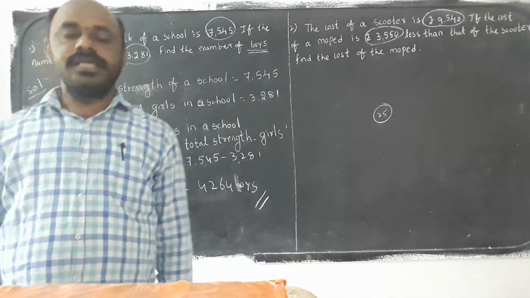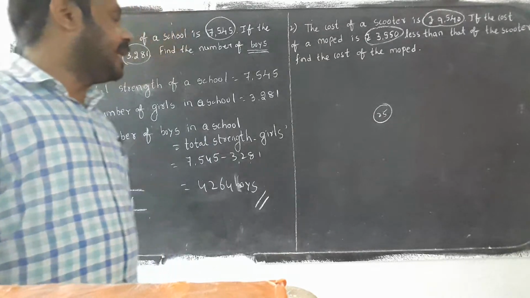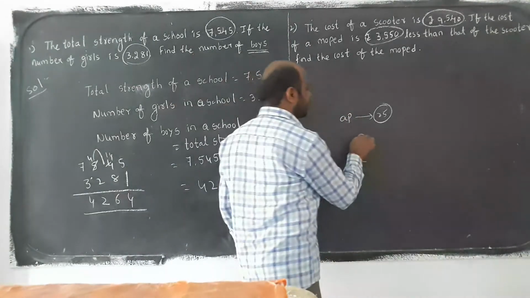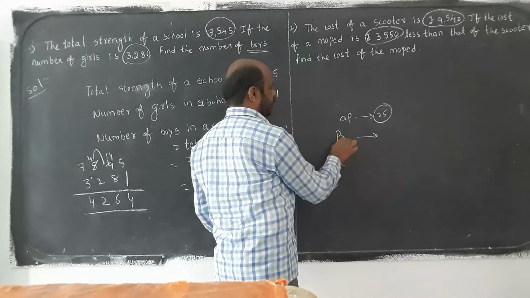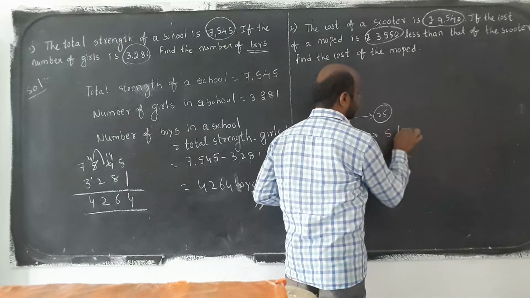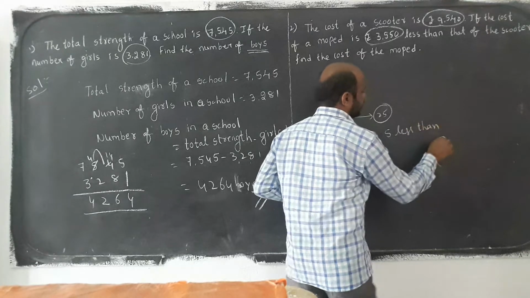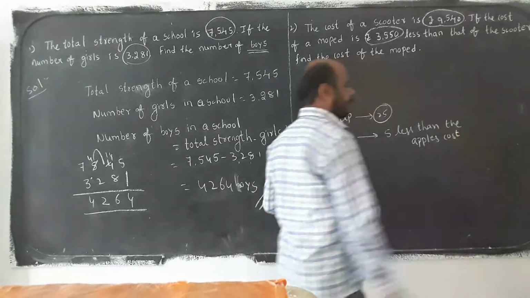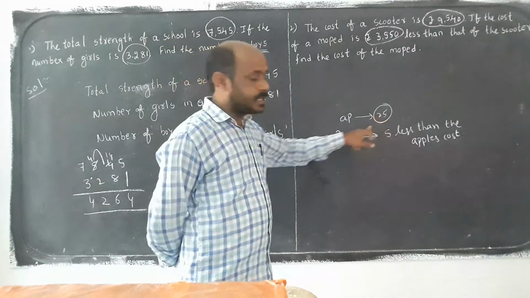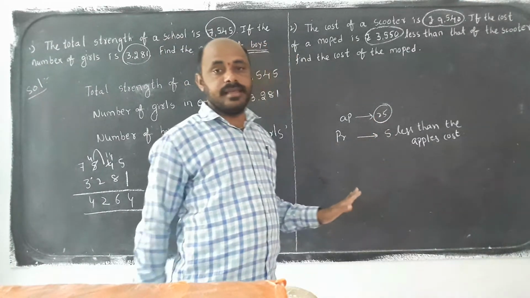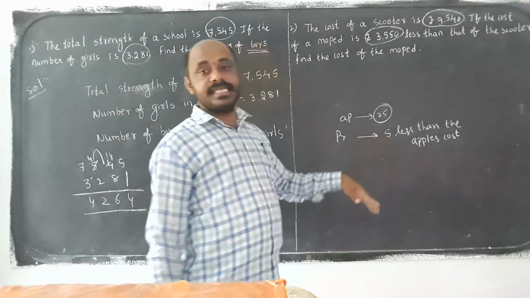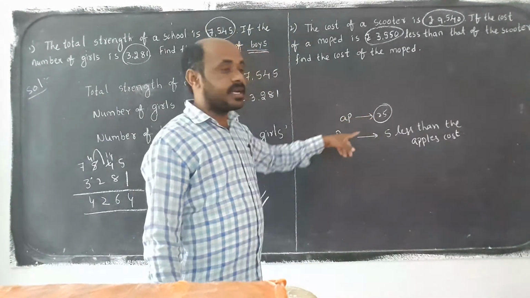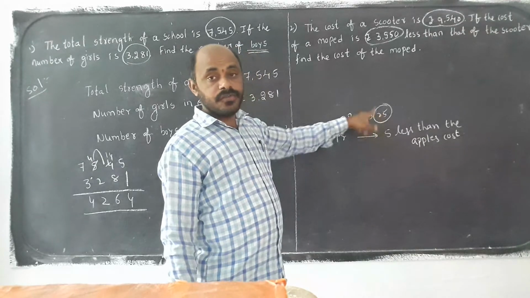The pomegranate cost was not given directly. What he is saying is 5 rupees less than the apple cost, which means we have to remove 5 from the apple cost.